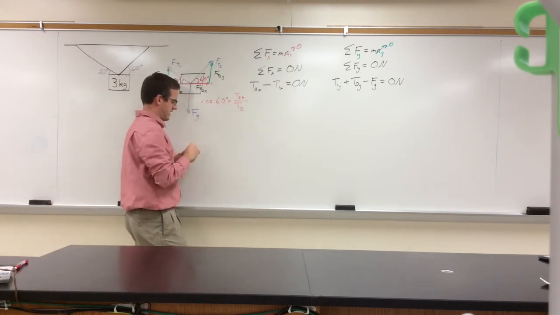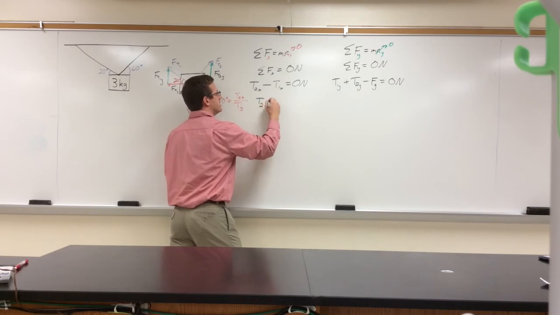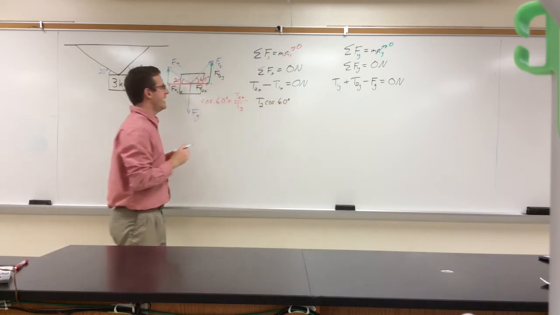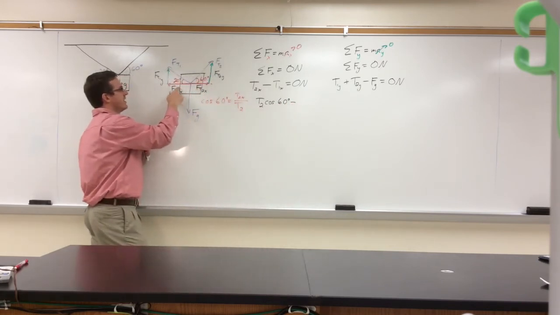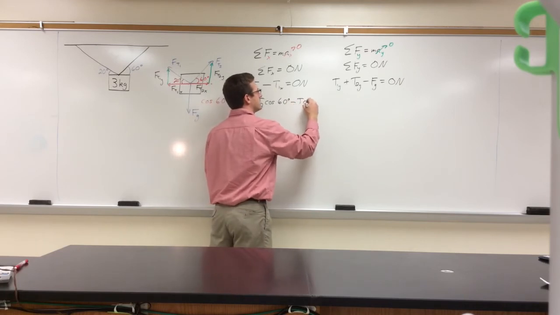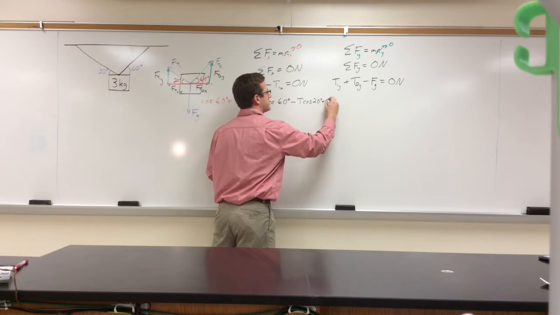T2x is T2 cosine of 60 degrees. And similarly, T1x, that's this over here, is going to be T1 cosine of 20 degrees. And that all adds up to 0 newtons.